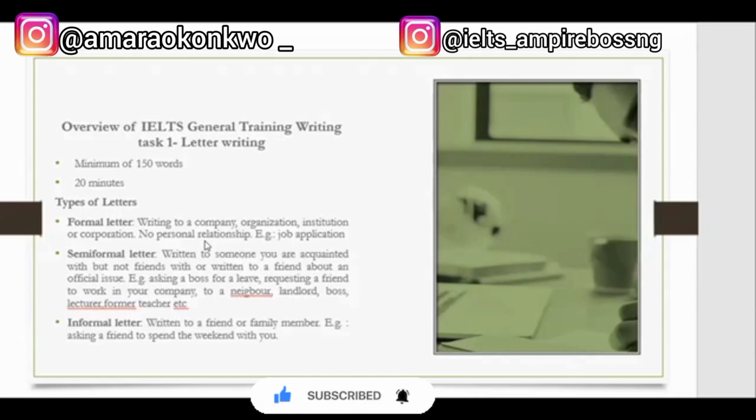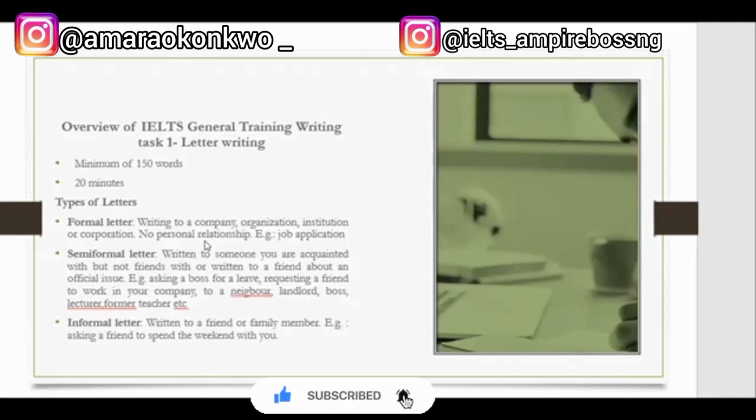They will now tell you, write to the airline and complain to them, explain to them why you missed your flight, all those kinds of things. Just know that that is a formal letter, because you are asked to write to a company or a corporation. They told you, write to the airline. They didn't mention anybody's name. So just know that that letter is a formal letter.